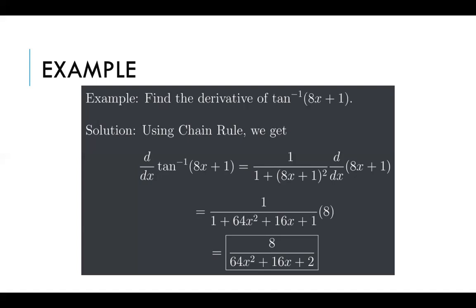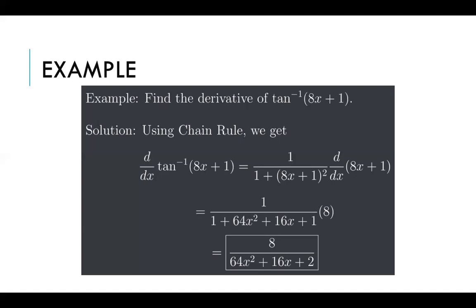The derivative of this is 8. So we have 1 over quantity 1 plus 64x squared plus 16x plus 1, which is 8 over quantity 64x squared plus 16x plus 2.